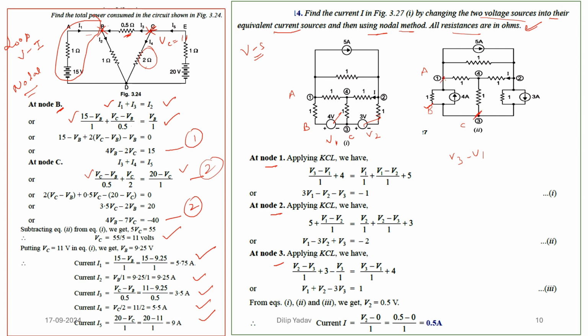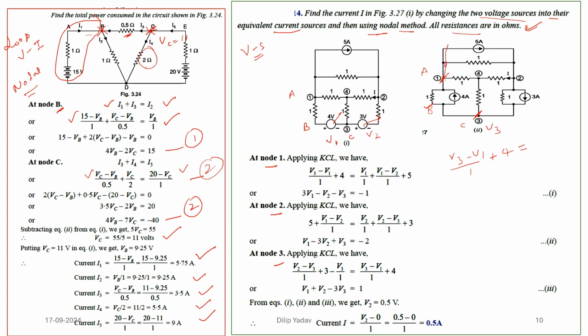V3 divided by 1, this plus 4. That means the direction of the current is 4, which is equal to how much? This, this, and this.